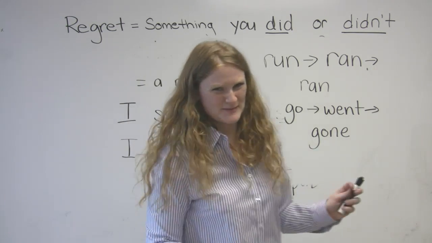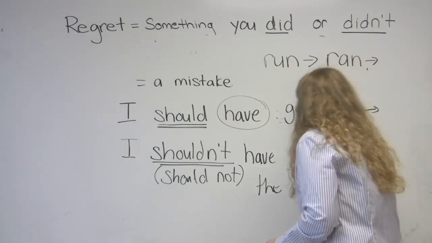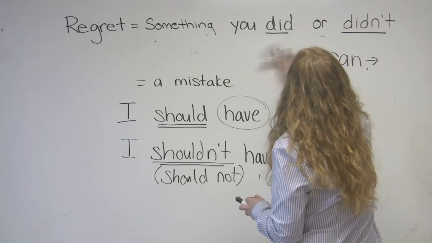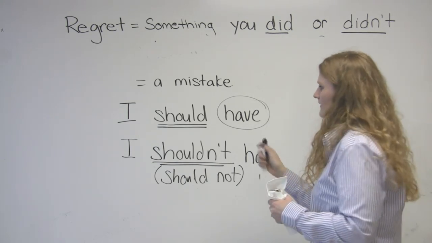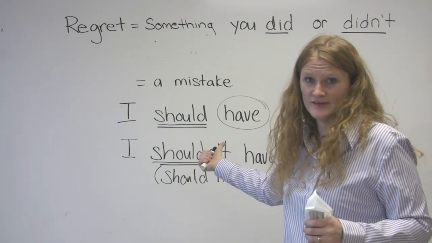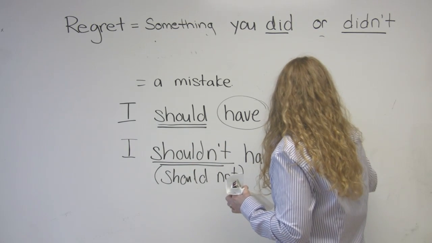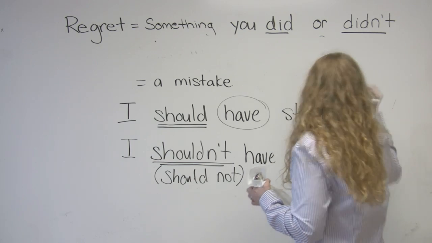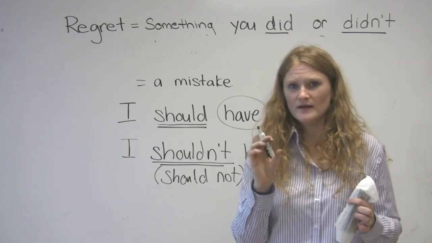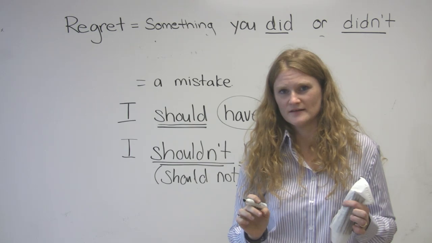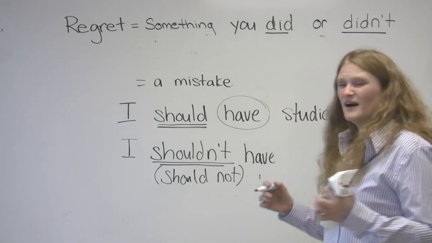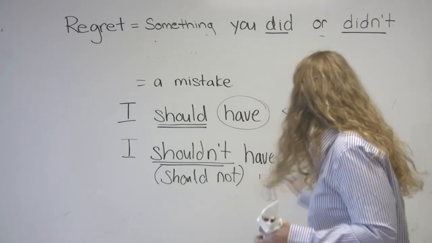Now for the pronunciation part. I want you to listen to the way I say this. For example, I would say I should have studied, or I shouldn't have gone to the bar.